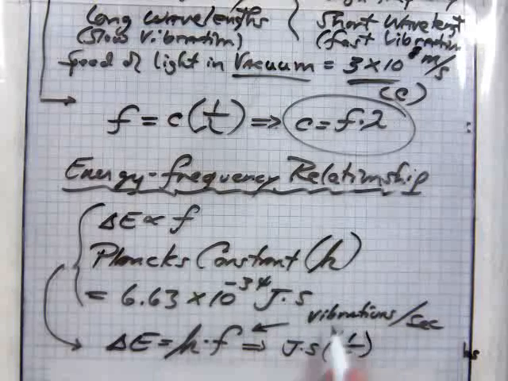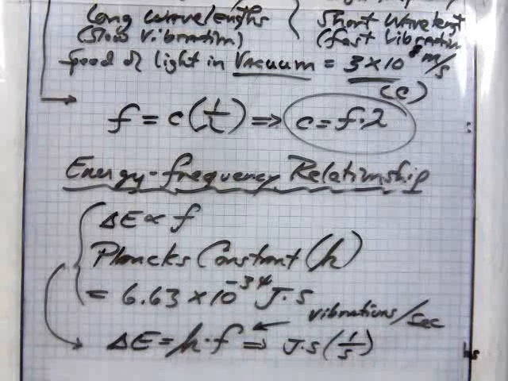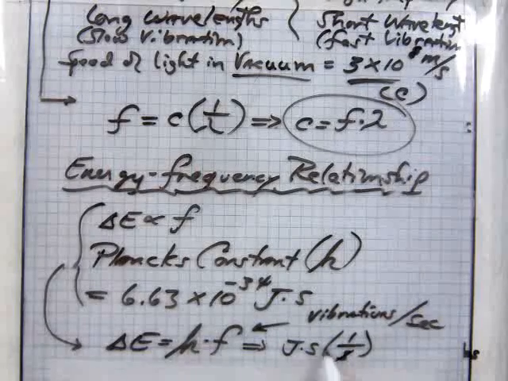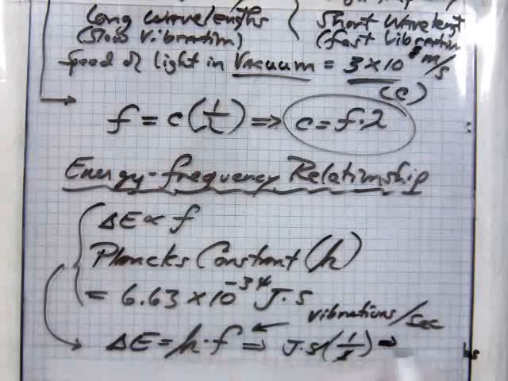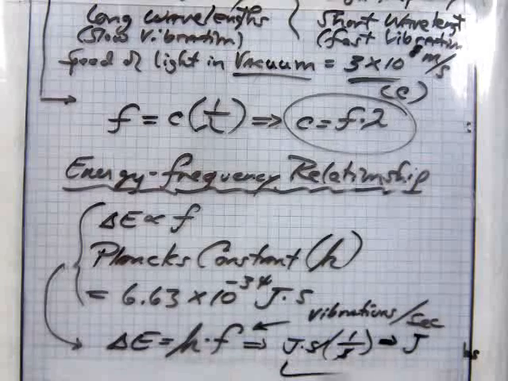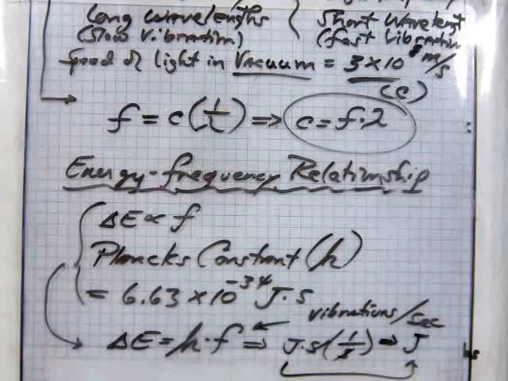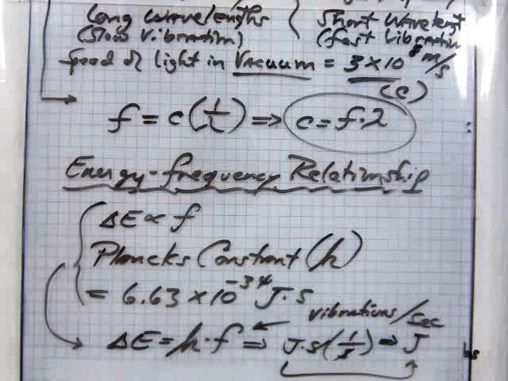You will not put vibrations up there, you'll just put the time, seconds. And when these cancel out, you will get an energy term, joules. See how that works? It's just a manipulation of units. But typically, when we talk about frequency, a vibration is listed as 1 over seconds, or seconds to the minus 1, is the appropriate way to write it.